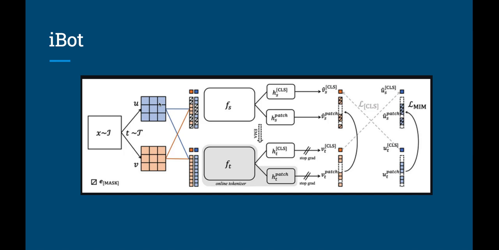You do the same output of the embeddings, and then you make the student try to guess what the teacher sees in the same spots that are masked out. So it's kind of like filling in the blank. And this just helps the model learn local details and parts.